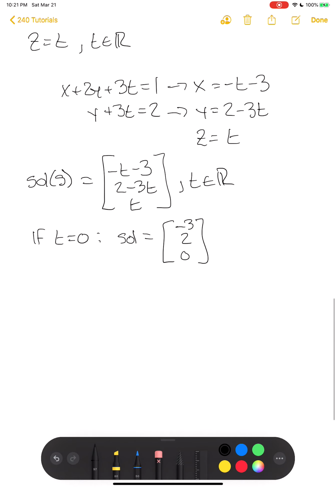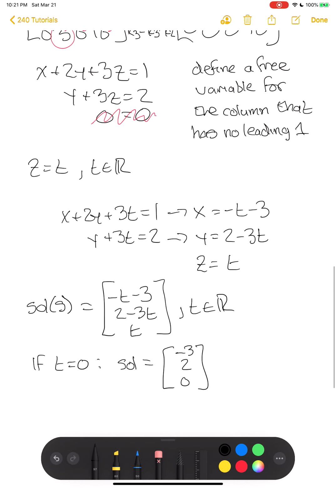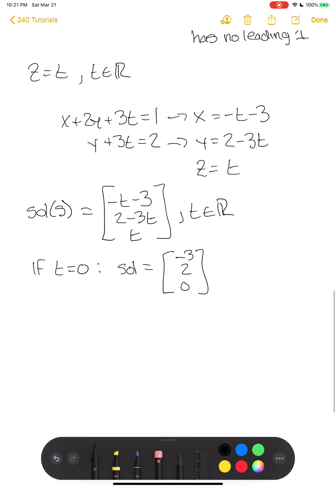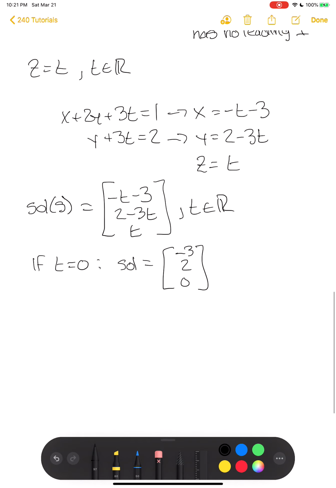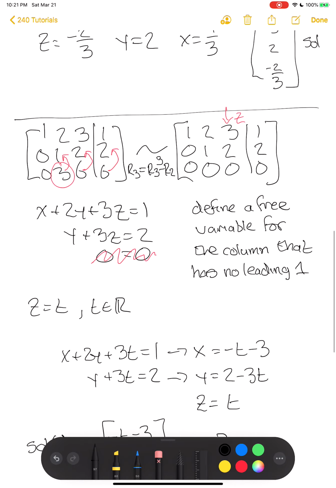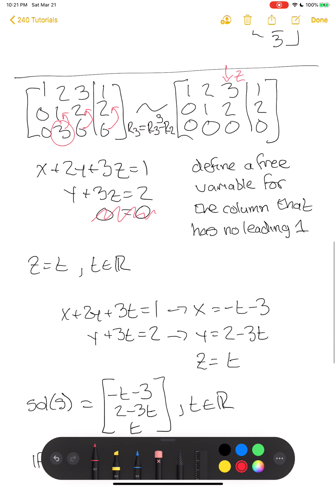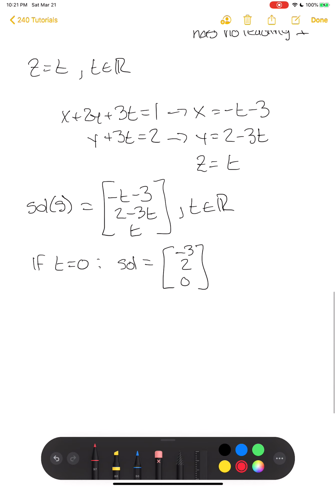So this is just a way of figuring out exactly what the infinitely many solutions look like. It also demonstrates that there are cases, when you look at this matrix, that give you infinitely many solutions.